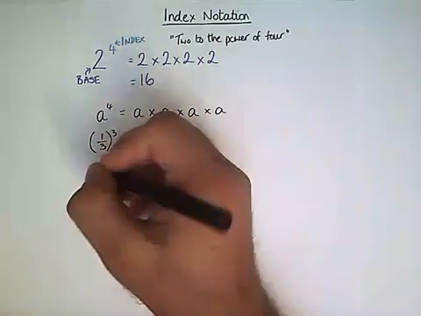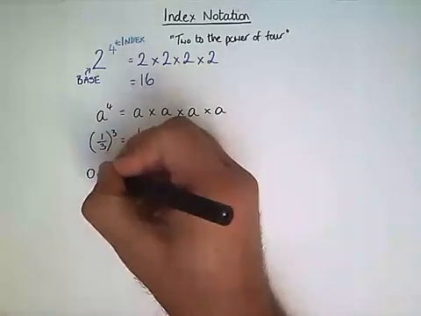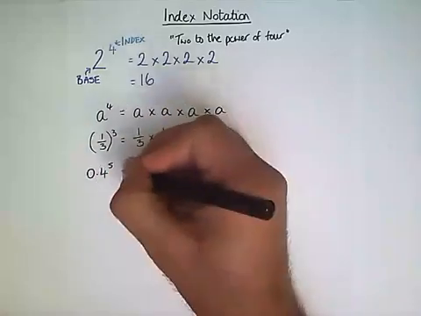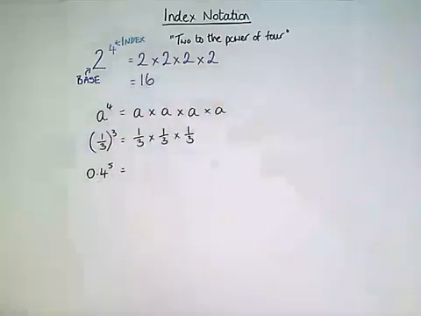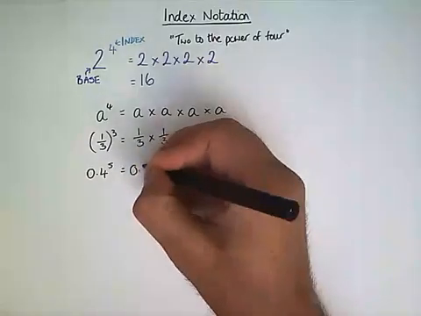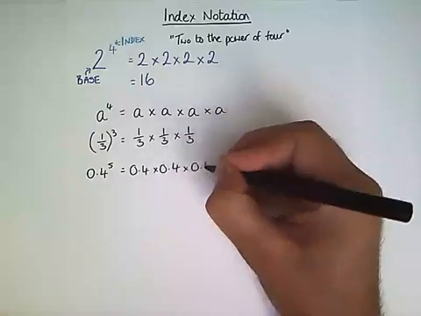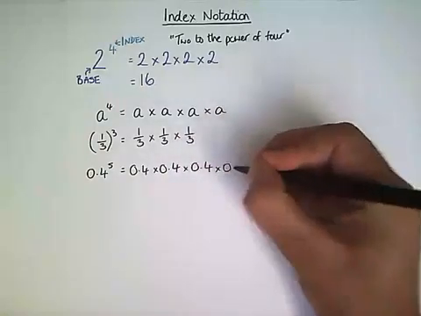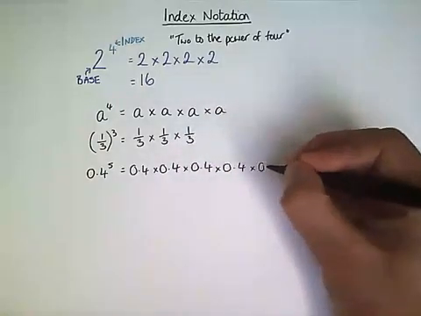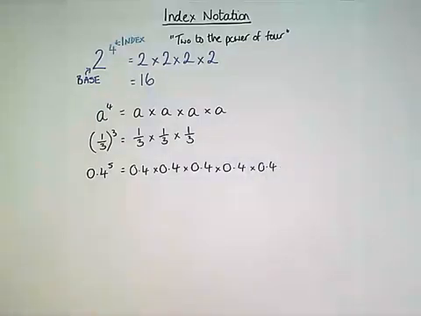Same thing if we had a decimal. If we had 0.4 to the power of 5, that's just going to be 0.4 times 0.4 times 0.4 times 0.4 times 0.4. So this is just telling us how many times that thing is being multiplied by itself.